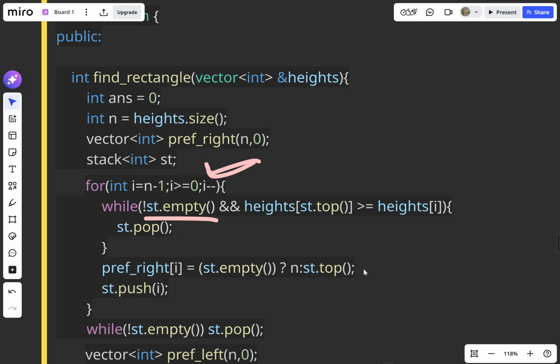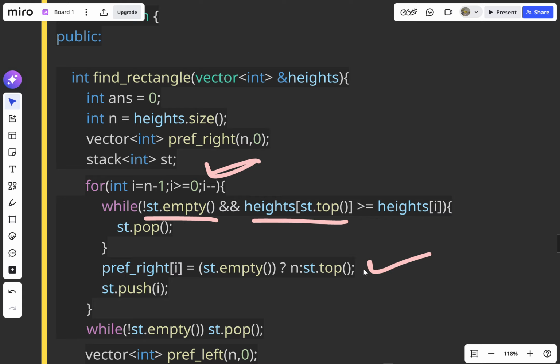In the monotonic stack, while the stack is empty, we add the index to the stack. If the height of st.top, the index on the top of the stack, is greater than or equal to the height of i, which is currently present, then we can pop it out, because the current height is less than that one.